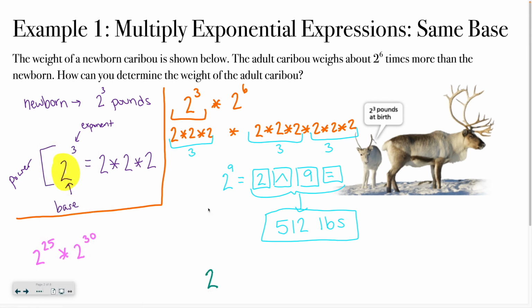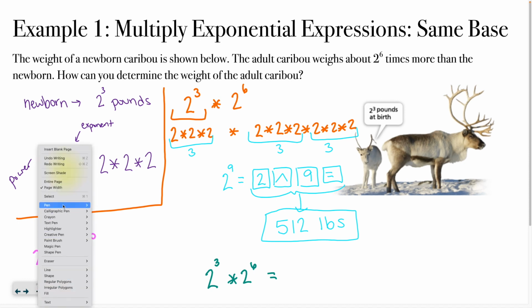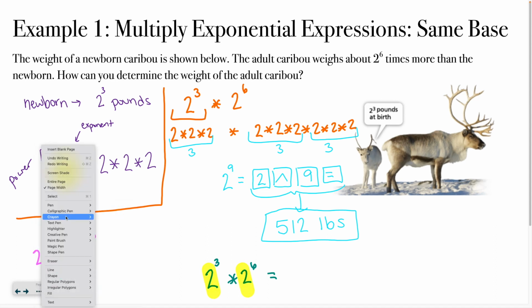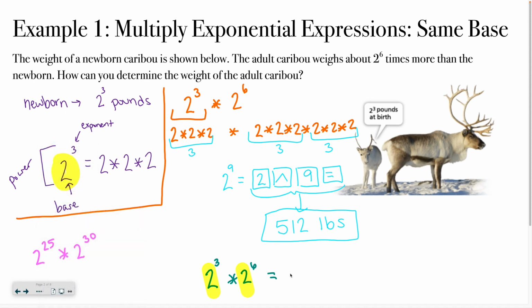So I had that 2 to the third times 2 to the sixth, right? Do you guys see how my base appeared 2 times? So if I take out my little highlighter here, I had the base here, the base here. Whenever that base repeats, you can write the base again, and then you take those exponents and you add them together.